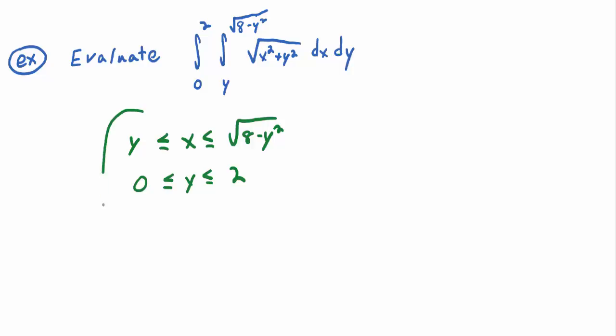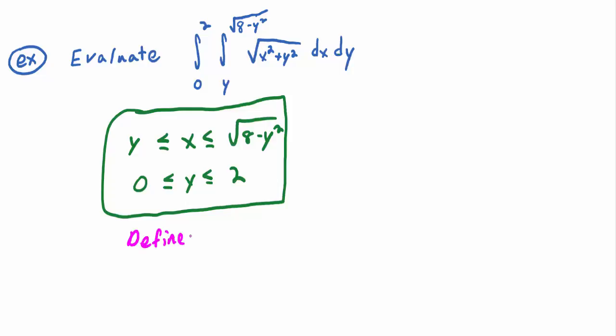And this defines R. It's hard to picture it even with these inequalities, so let's draw it. Whoa, that was not a very straight x-axis.